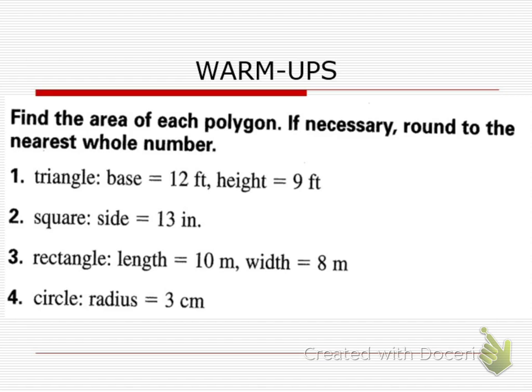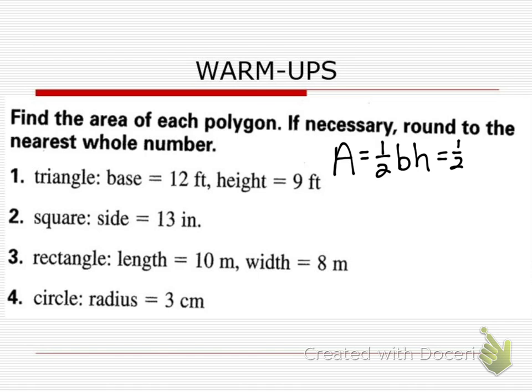For our warm-ups, we are asked to find the area of each polygon. How do I find the area of a triangle? 1/2 base times height. So my area for a triangle is 1/2 little b times h.